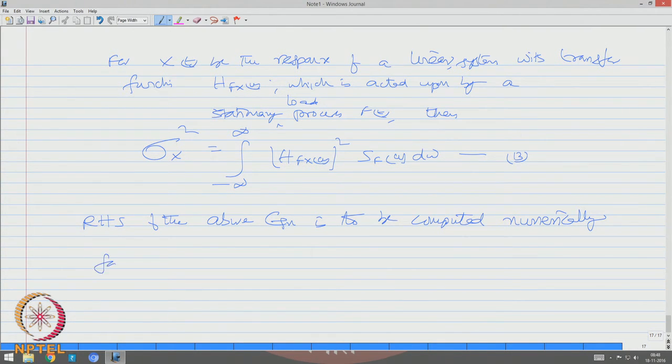But for a very small damping ratio, h f x omega square will lead to a very narrow band.